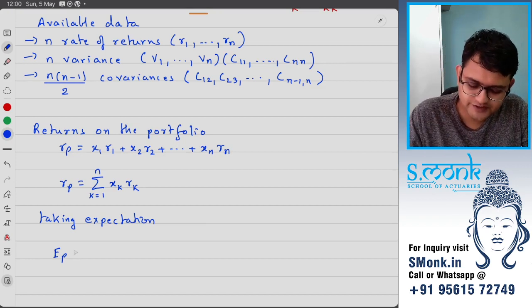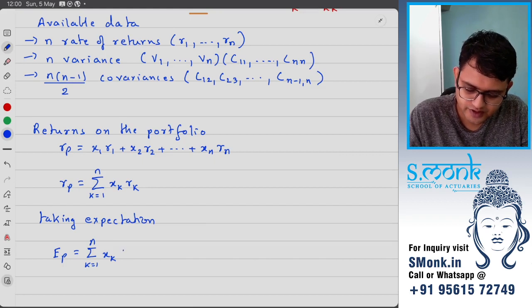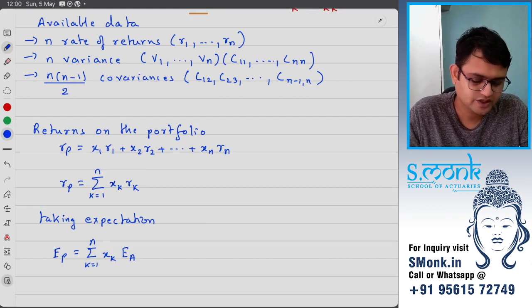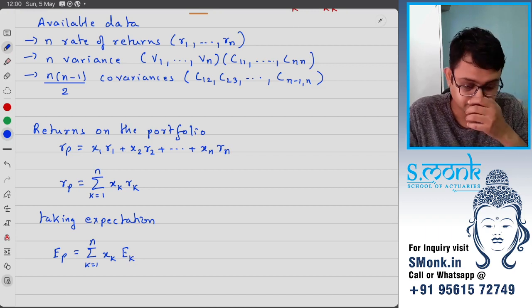So if I want the expected value, it's just going to be the summation, k going from 1 to n, of xk, because this is the amount, this is a fixed amount. How much did we invest into each asset? It's going to be nothing but the EK.